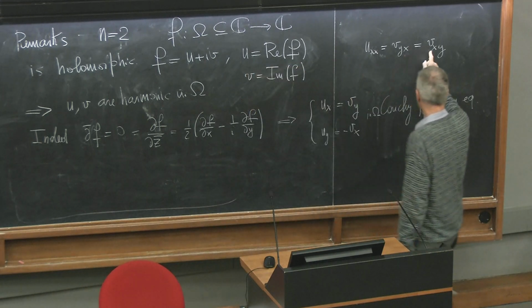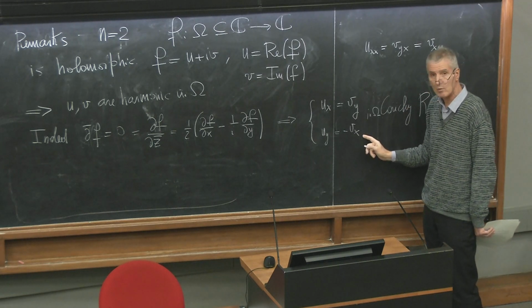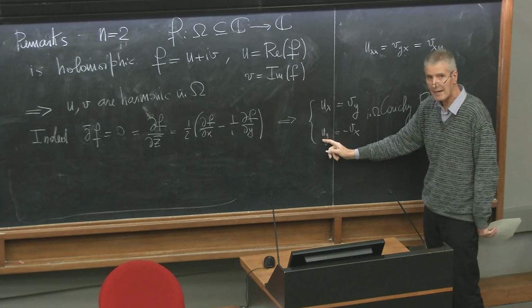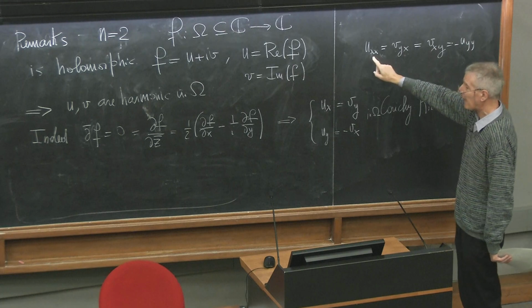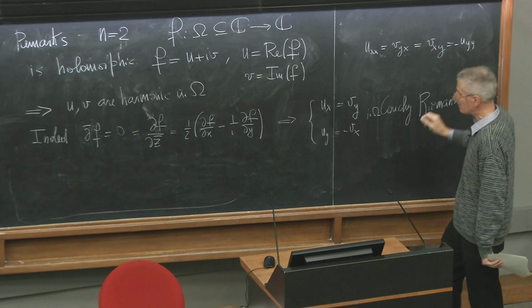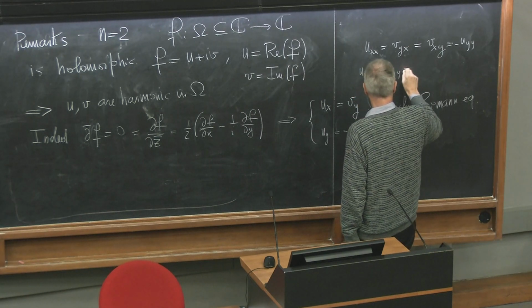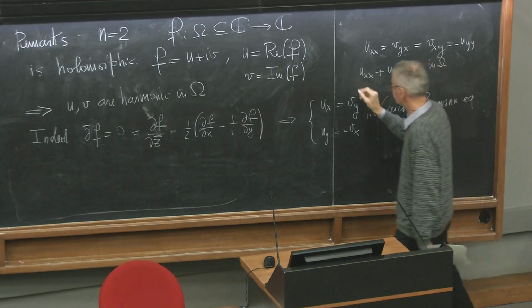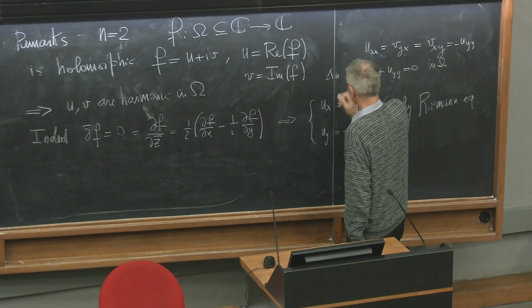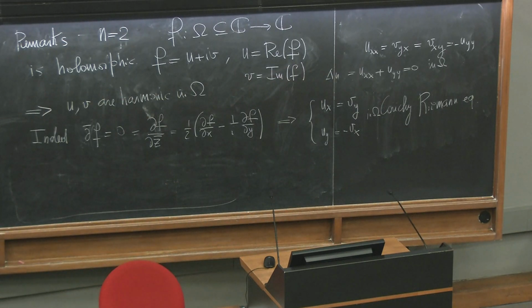So we have vxy. And now vxy is obtained by differentiating with respect to y, so it must be equal to minus uyy. Which implies that uxx plus uyy must be equal to 0 in omega. But this is the Laplacian of u. Okay, so you can see that the real part of a holomorphic function must be harmonic in omega.